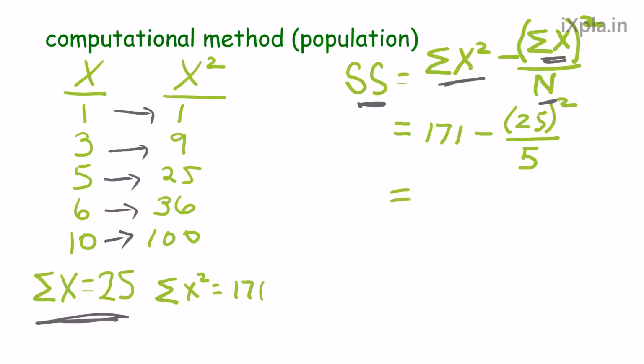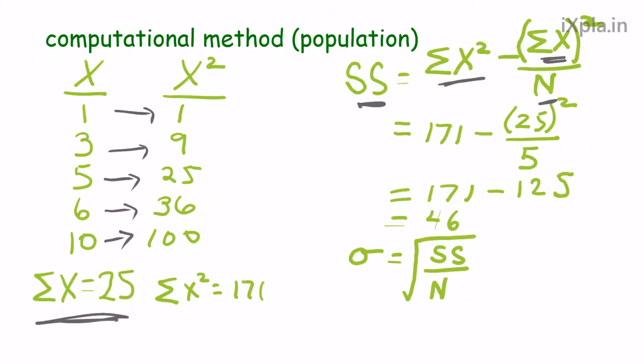If we do that math, it's going to be 171 minus 125, and then subtract that out, we get 46, which of course is the same thing that we got in the previous example. And now we're computing the standard deviation again, which is the sum of squares, which is 46, divided by 5, and then take the square root of all that.